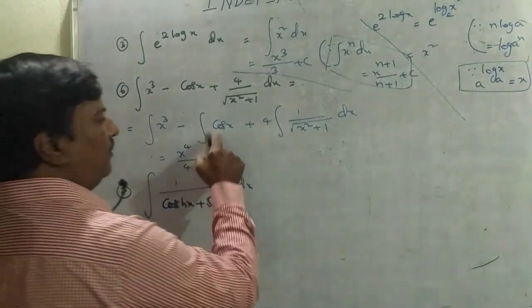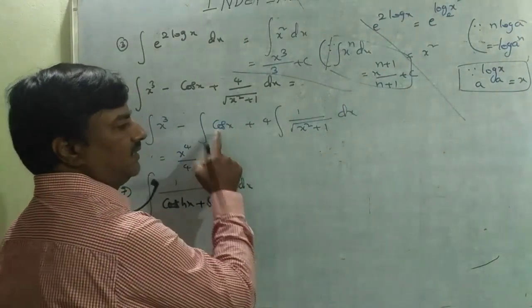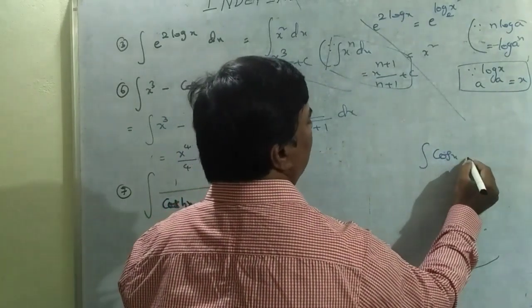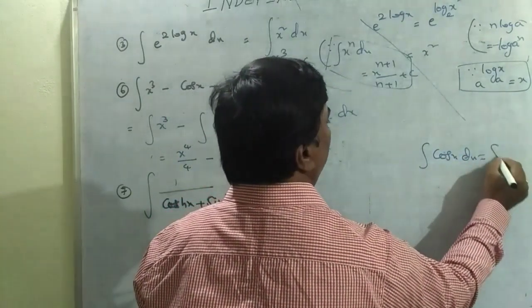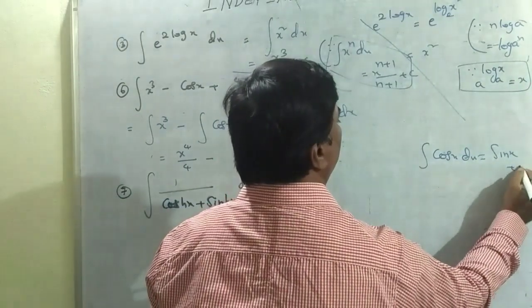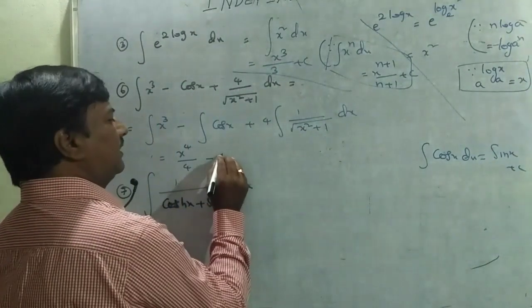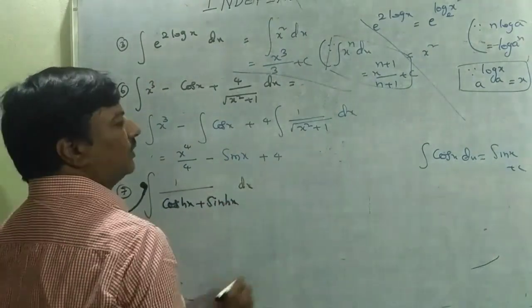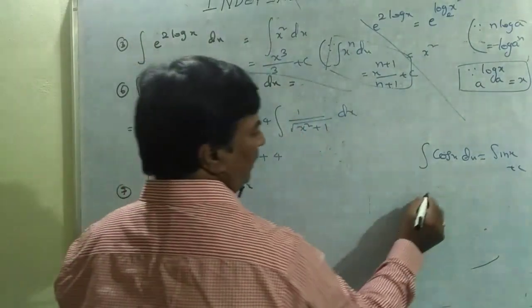One more application: in trigonometry, the integration of cos x dx equals sin x plus c. And 4 into 1 by root of 1 plus x square.